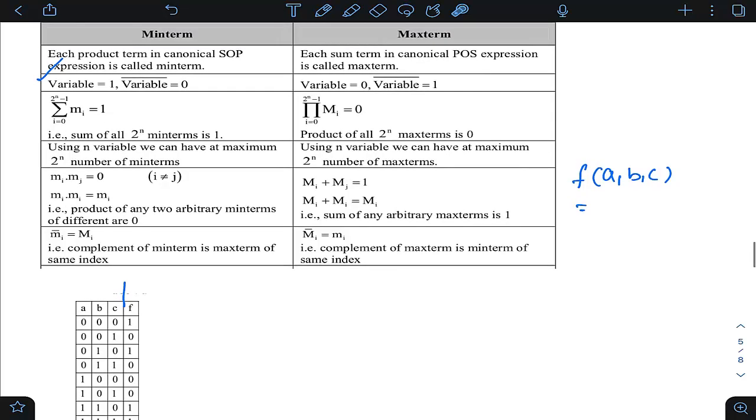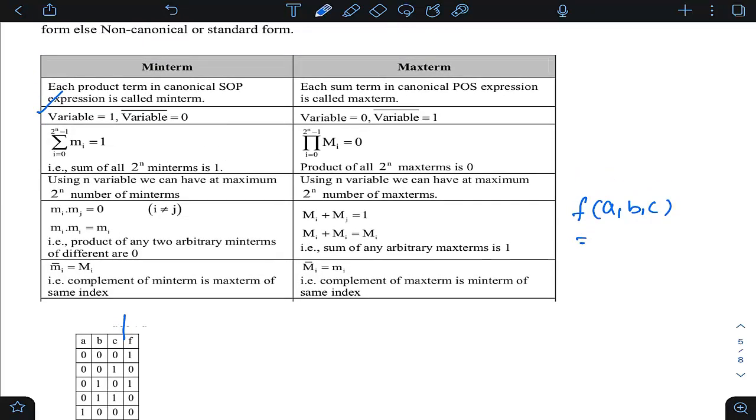And while finding maxterms, focus on those rows where the output is logic 0. So for minterm, the output should be logic 1. For maxterm, you concentrate on those rows where the output is 0.